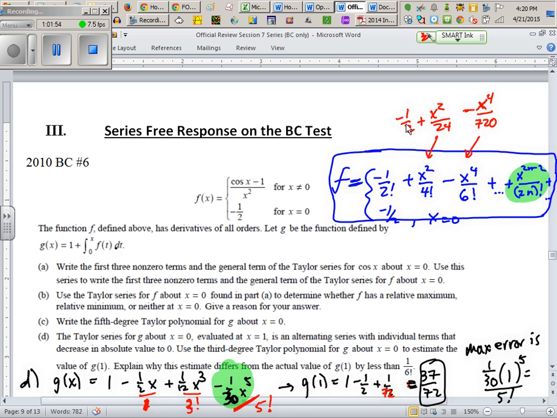So this basically gives you, we already wrote it down, 1 over 3,600. And they're trying to get us to believe it's less than 1 over 6 factorial, which is only 720. I think it's definitely less than 1 over 720. 30 times 5 factorial is 3,600. So this error is definitely less than 1 over 720. So D wasn't that hard, really, if you remember copying factorials over.